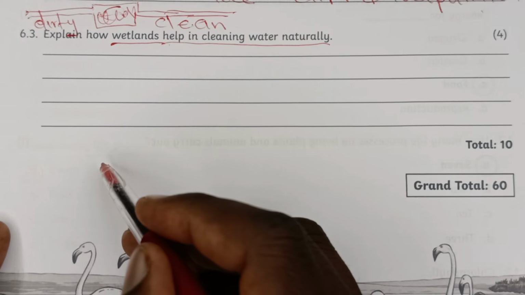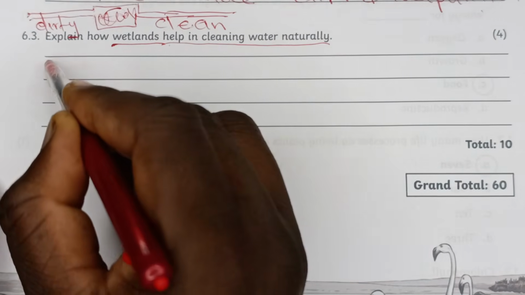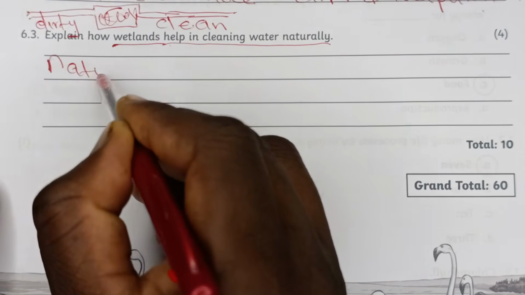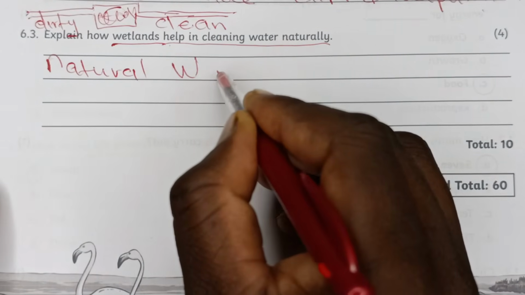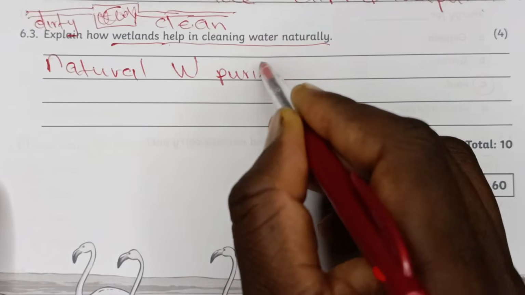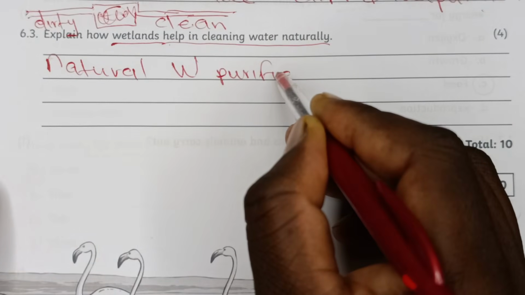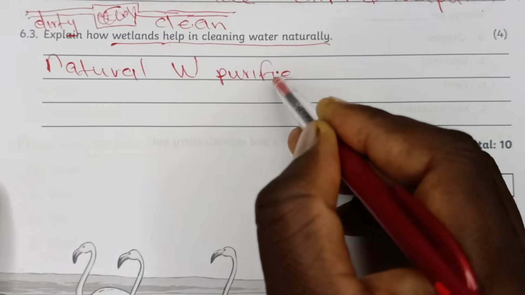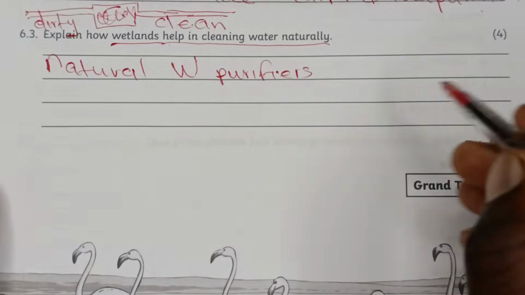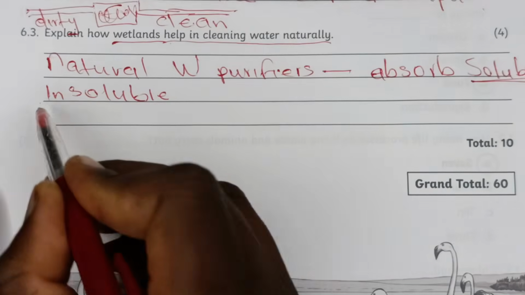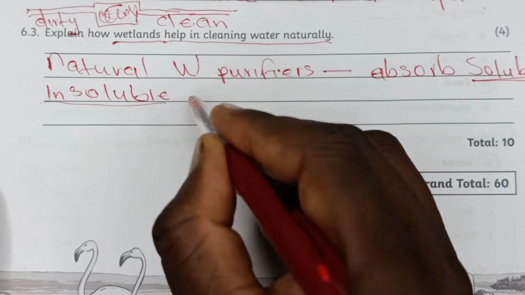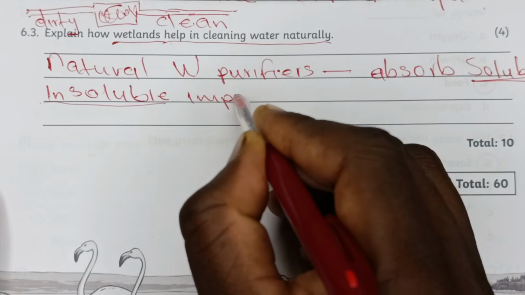Wetlands act as natural water purifiers because they absorb soluble and insoluble impurities.